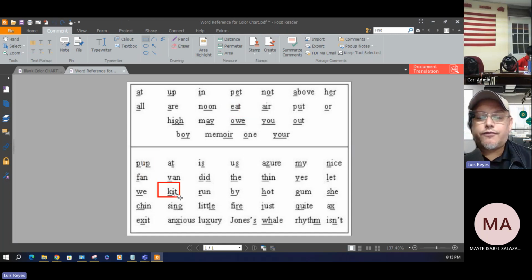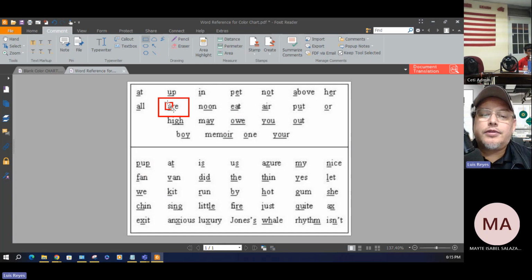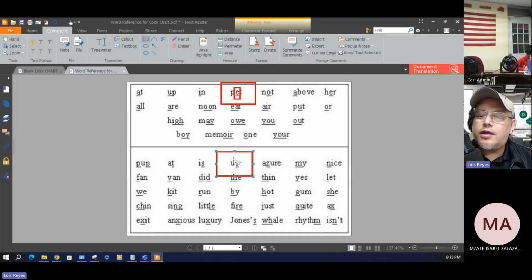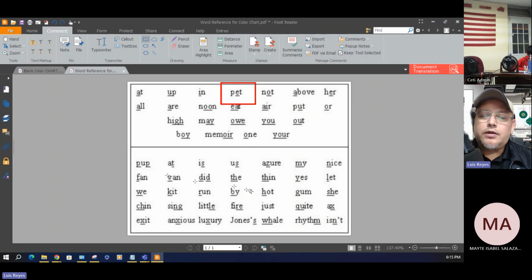Q, K from kit with U, Q. R is the sound R from this word right here, R. That's how you pronounce the letter R. S, E from pet, with the sound S, S. T, you have the T from apt, T, with the sound E from eat, T.